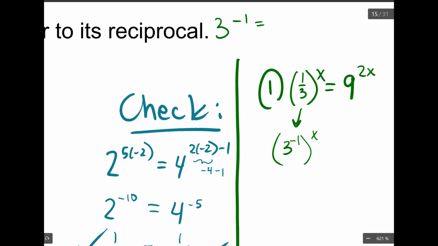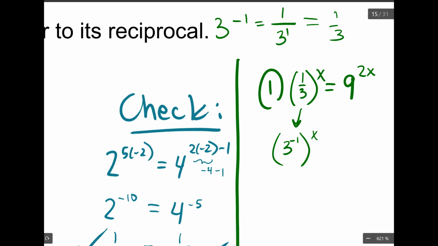Well, 3 to the -1. How do I get rid of a negative in the exponent? By making it on the bottom, by flipping to the other side of the fraction. So 1 over 3 to the 1st, which is 1/3. So 3 to the -1 is the same thing as 1/3.